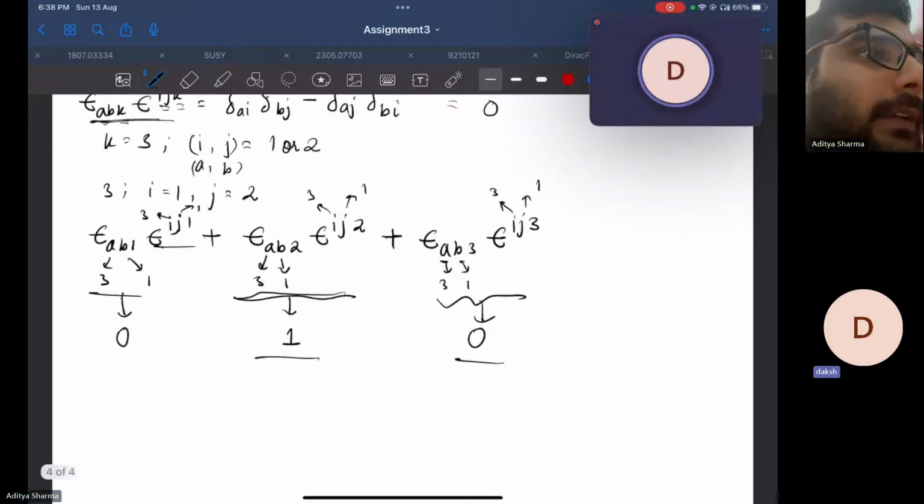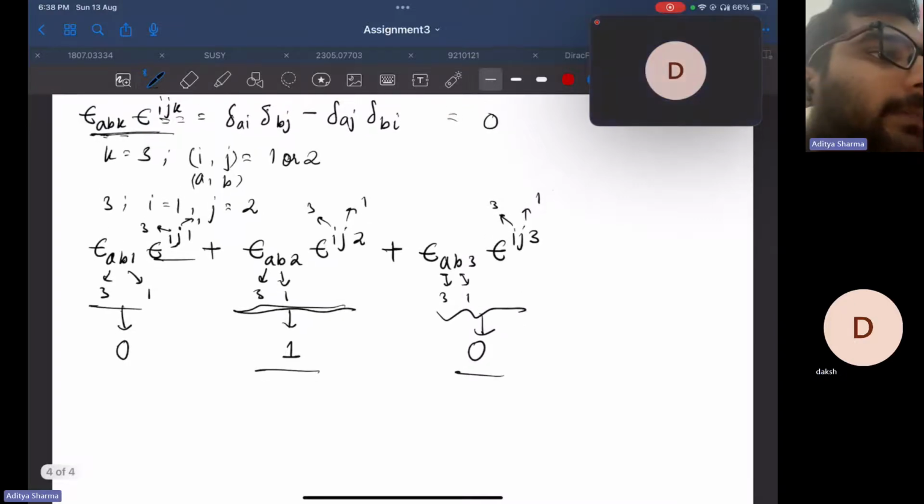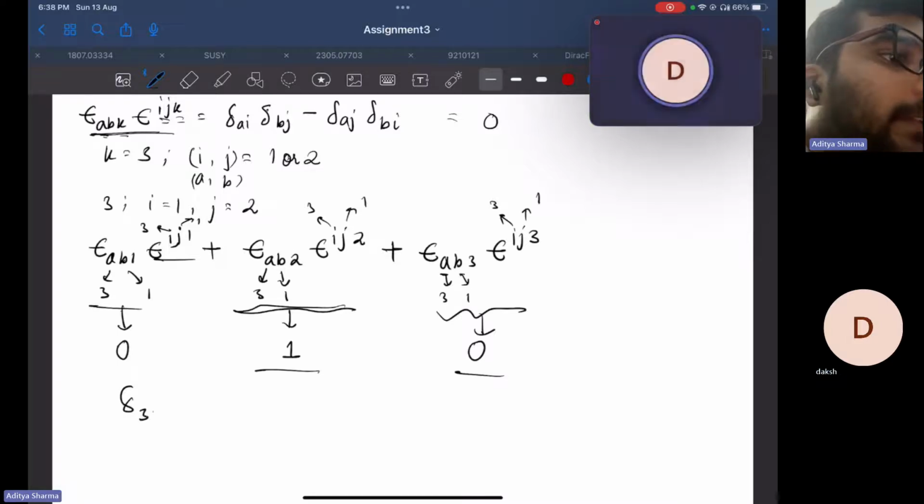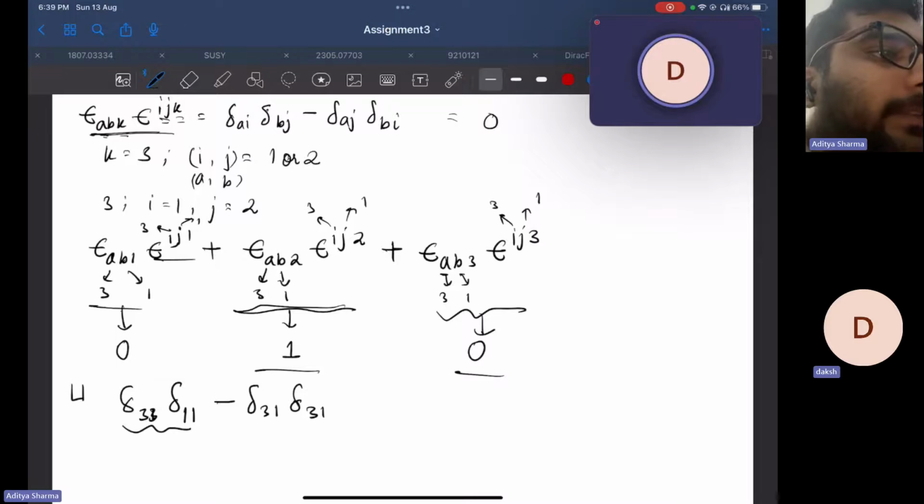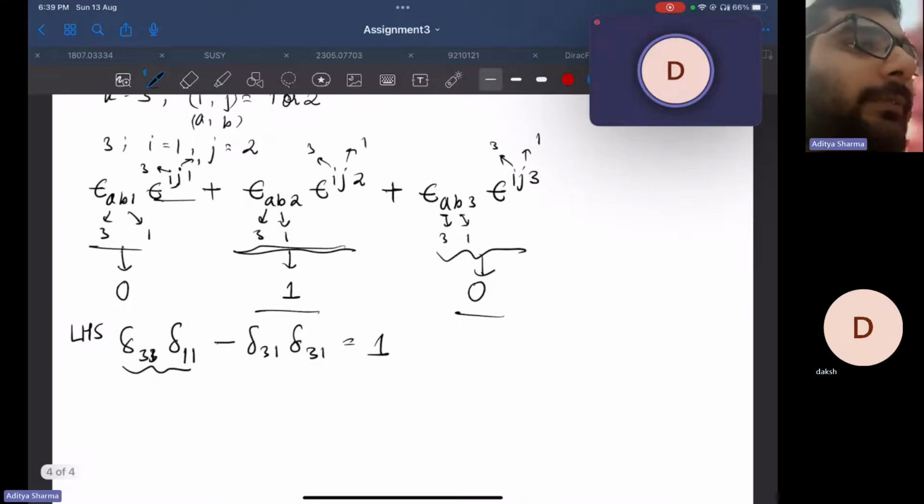Now put this in the identity. The identity says you should have delta A I delta B J minus delta A J delta B I. So A is 3, I is also 3, B is 1, J is also 1, minus delta 3 1 delta 3 1. From this identity, the left hand side is also giving you 1. So it matches.